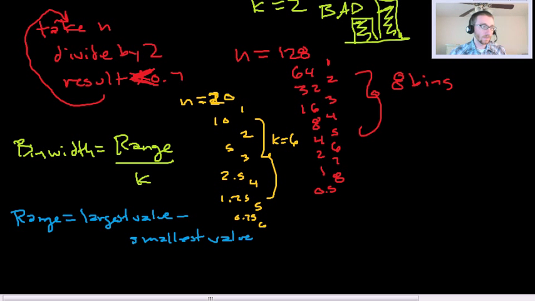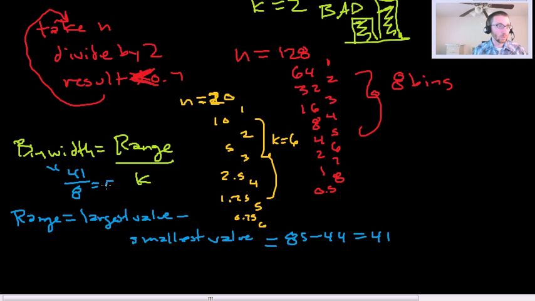So 44 to 85. Our range is going to be 85 minus 44. That's 41. We know we have 8 bins, so our bin width is going to be 41 divided by 8. That's 5.2.